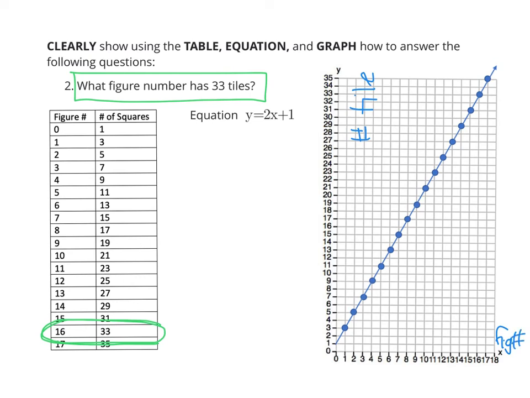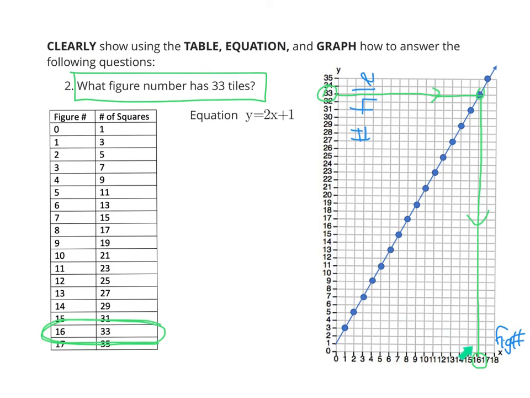So I am going to find 33. Here's 33 tiles. And I'm going to do the same thing in reverse. This time I'm going from the y-axis over to my graph. And then here's where the answer is. So I'm going to trace that down to figure out what value it is. My numbers are a little squished in there. And you can see that at 33 tiles, I'm at figure 16.